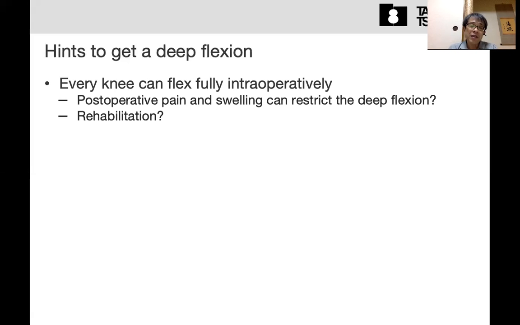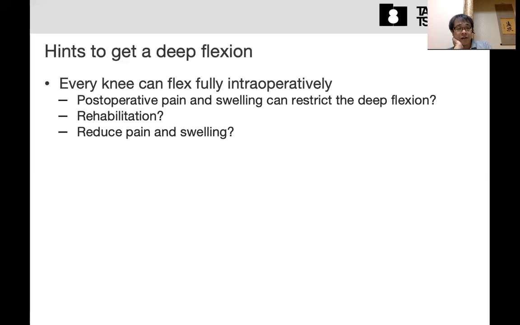But it is quite difficult. Aggressive rehabilitation can cause more severe pain that can prevent deeper flexion. So I don't know the best way of rehabilitation, and how to reduce the pain and swelling.